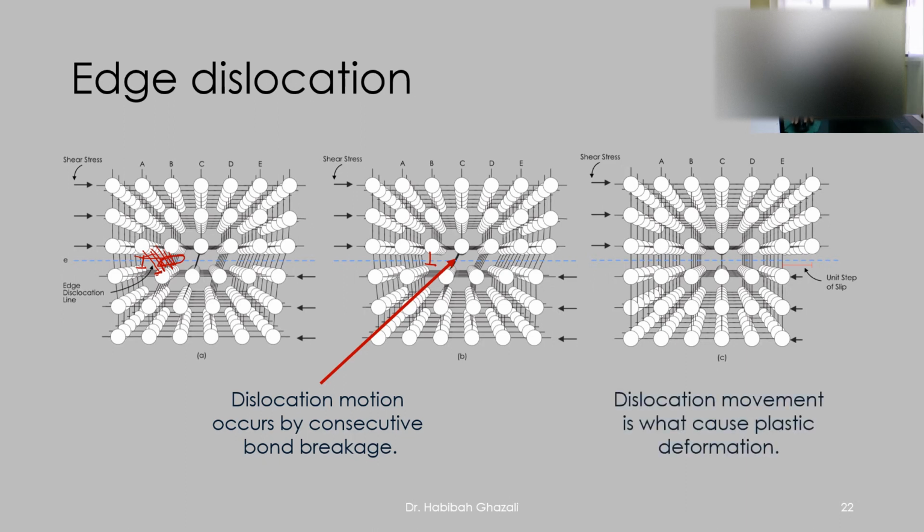In the end, dislocation movement is what causes plastic deformation, what causes the material to change its shape. When we perform forming processes, forging and all that, this all involves the movement of dislocations.